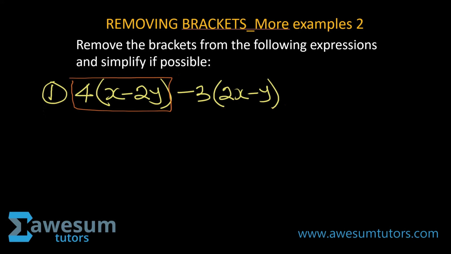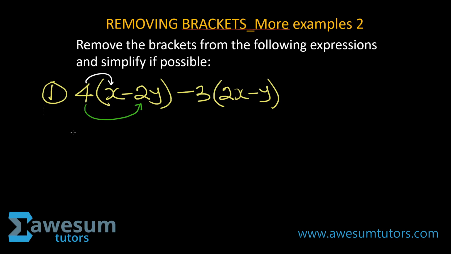So now let's see how to go about that. In this case, this is going to observe the distributive property. 4 will multiply x, and it will also multiply negative 2y.